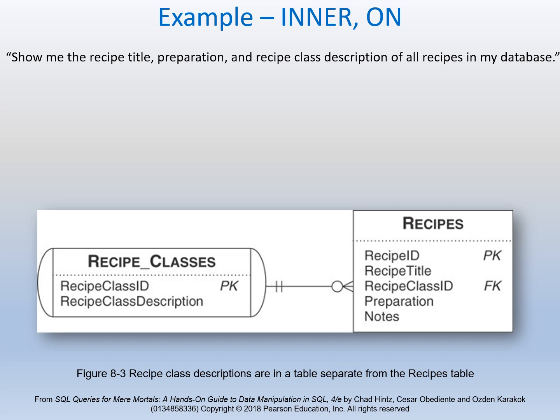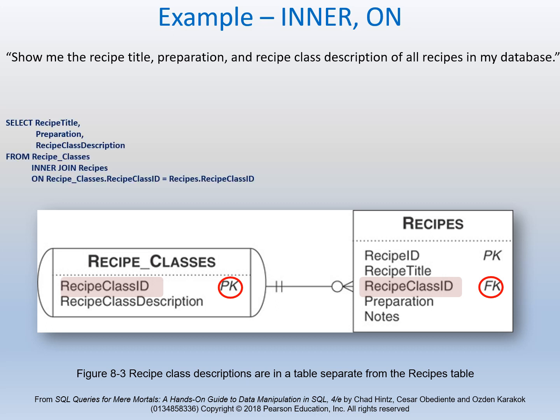The two tables that are needed to satisfy this query are recipe classes and recipes. Notice recipe class ID is a primary key in the recipe classes table, and it is a foreign key in the recipes table. The select statement would be this: select recipe title, preparation, recipe class description.